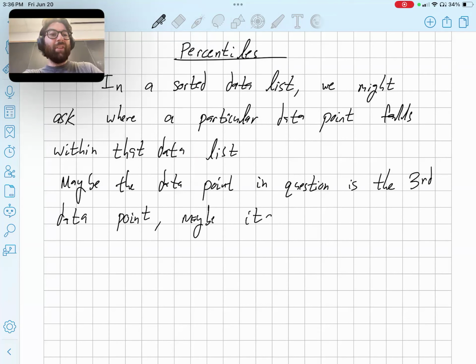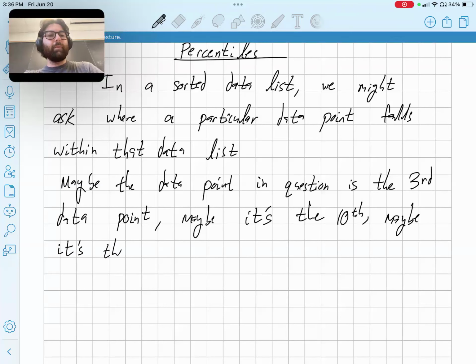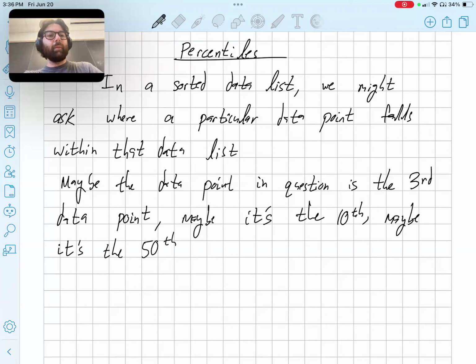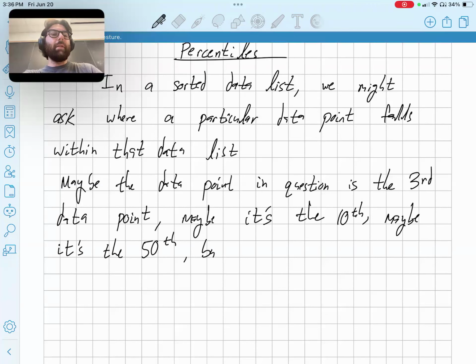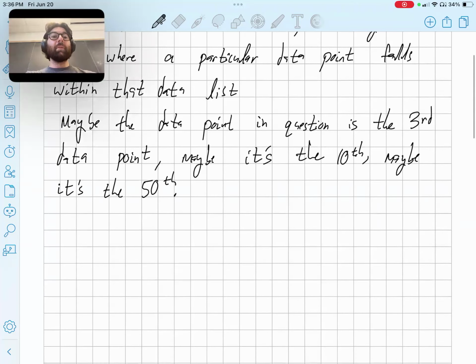Maybe it's the 10th. Maybe it's the 50th. And so this is sort of telling us the absolute position.